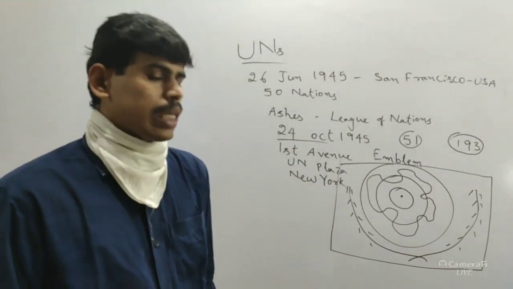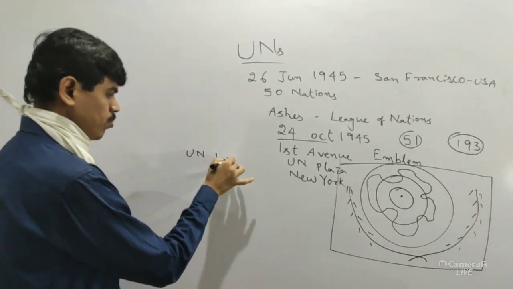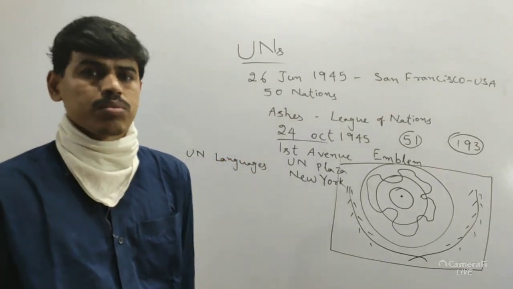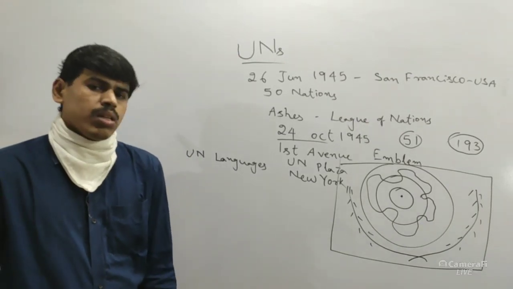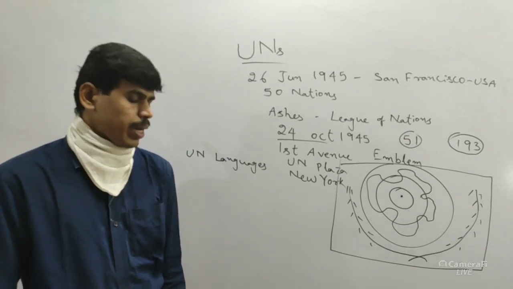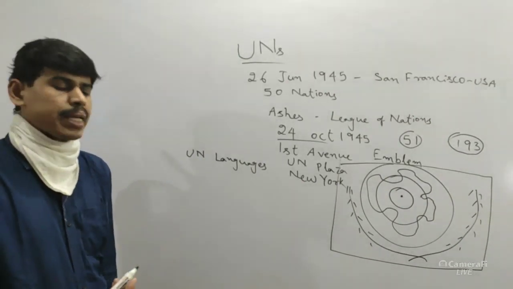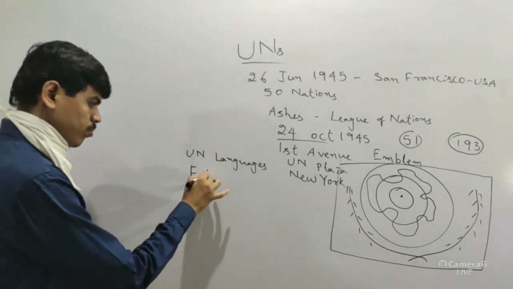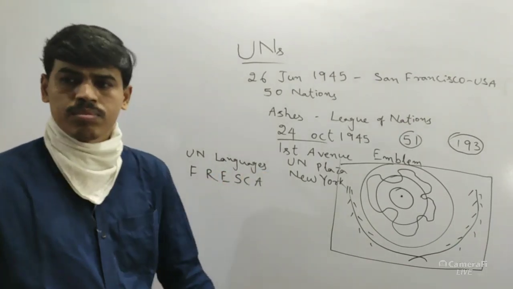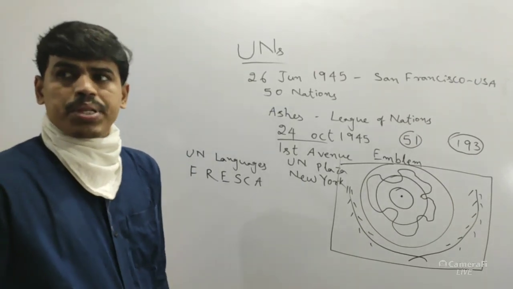Next, UN languages. The United Nations recognized 6 languages, and these are called UN languages. Shortly, it is called FRESCA.